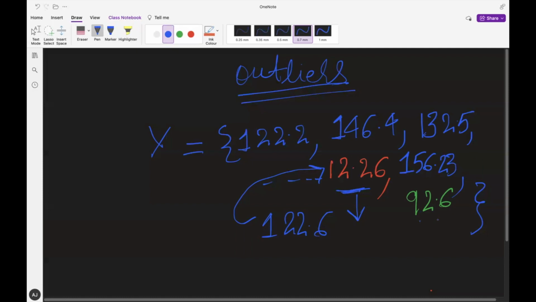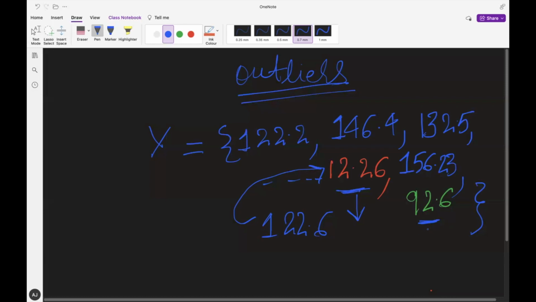You could call this also an outlier, but it could just be a person who is very short, who has some genetic abnormality, and hence that person is very short, and he or she happens to be in our class, right? This is also an outlier. So outliers could be present in your observations because of various reasons. It could be human error, it could be a genuine outlier, as in this case the 92.6 value.